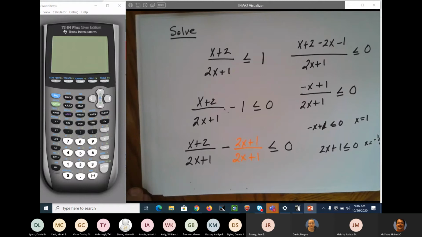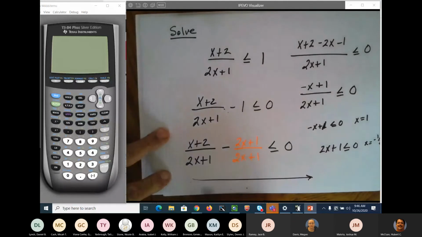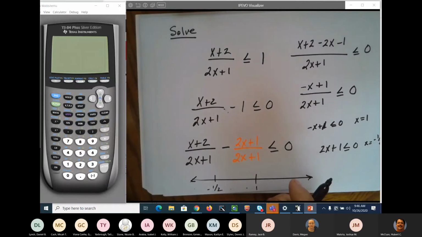That means if you take a number line and do negative 1/2 and 1, and you plug in points, you're going to find whether you get positives or negatives depending on what you plug in.